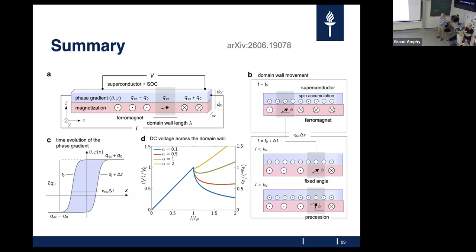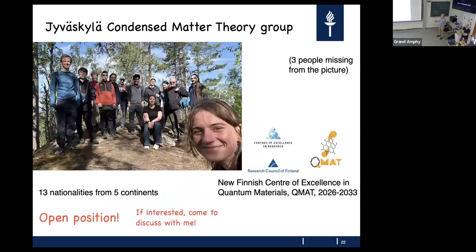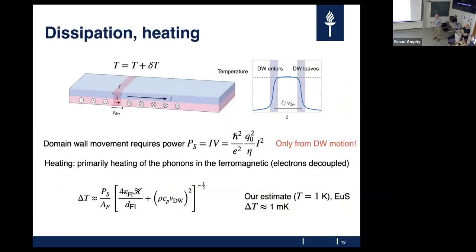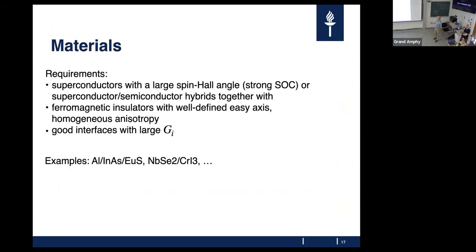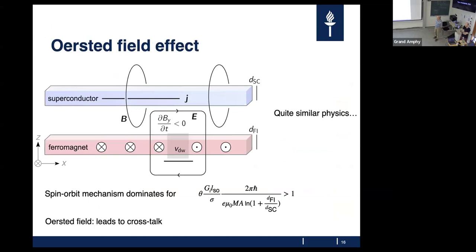But okay, let me try to remember what was the thing. In fact, one of the points comes from this Ørsted field effect. It turns out that we made an estimate of the spin-orbit effect versus the Ørsted field effect.